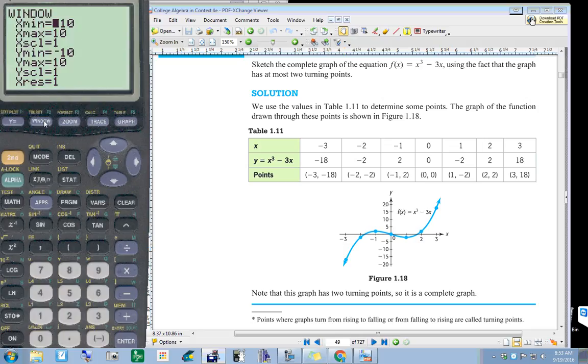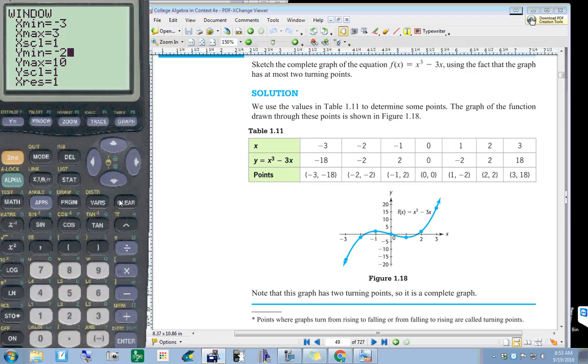So if we press the window, we go down for x, and let's change that so that it goes from -3 to 3. And y is going from -20 to 20, so we'll go down here and edit this.